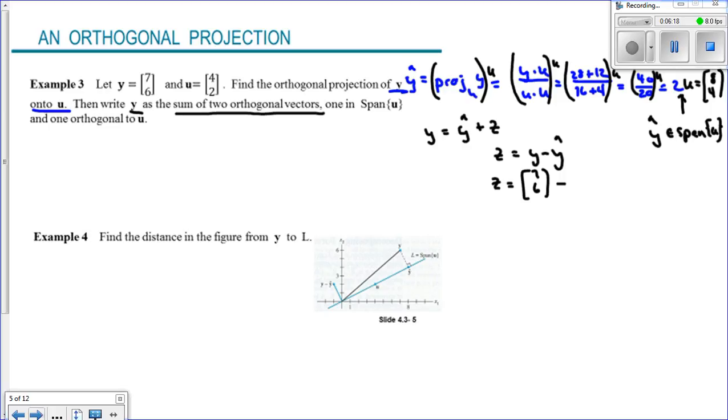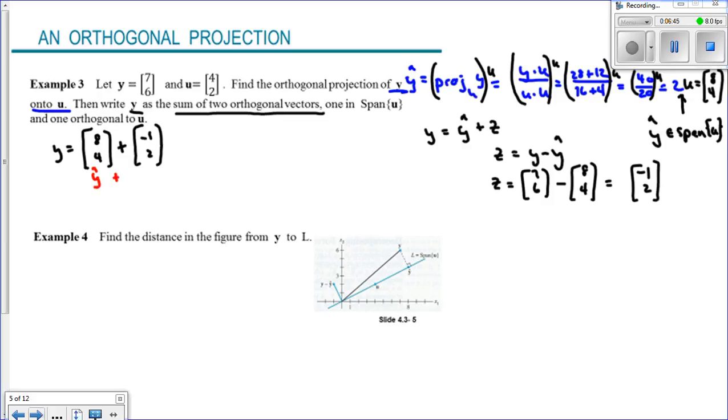I'm just taking twice the vector u, which comes out to be (-1, 2). So that's the vector z. And let's just check to make sure: is y equal to y hat, which is (8, 4), plus (-1, 2)? Yes.